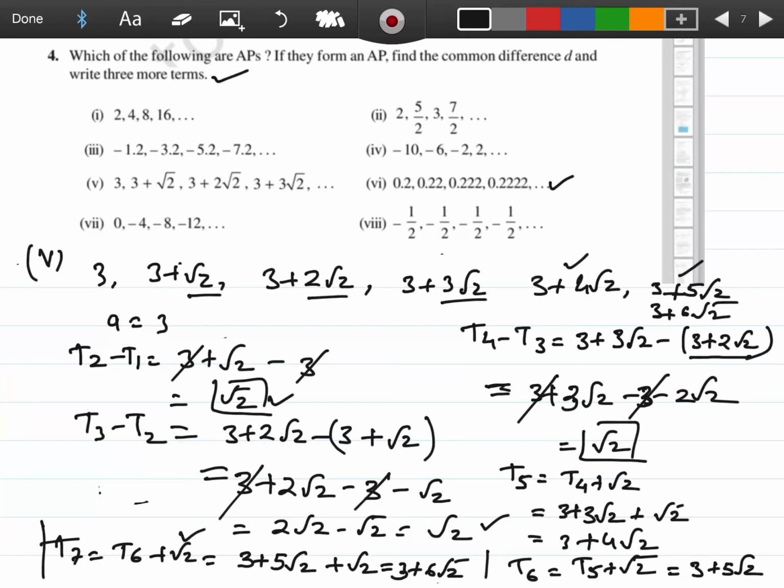T6 के लिए T5 में √2 ऐड करेंगे, T5 के लिए T4 में √2 ऐड करेंगे, बिकॉज देयर इज अ कॉमन डिफरेंस, D इज √2. D इज इक्वल टू √2 मिल रहा है.